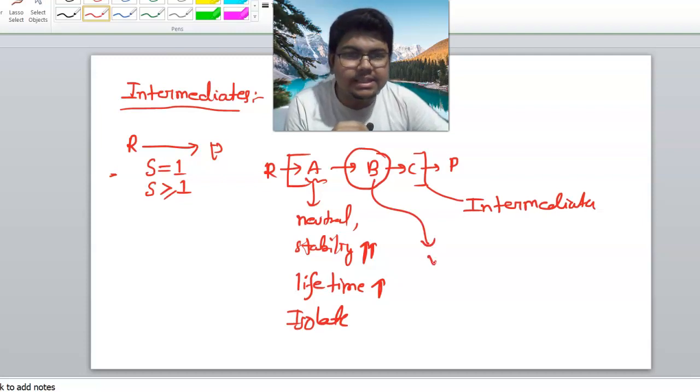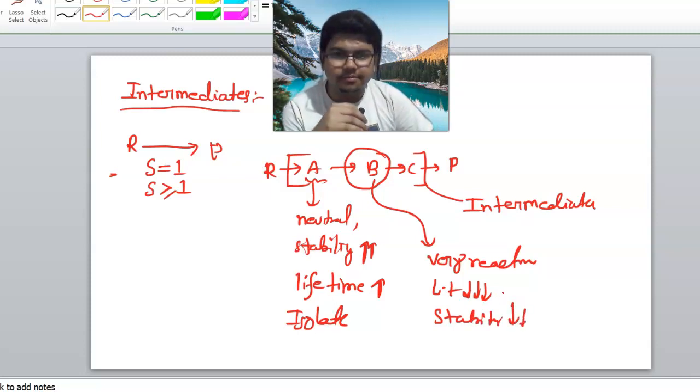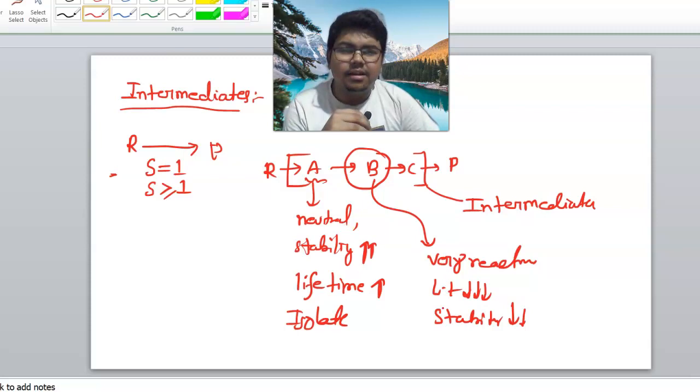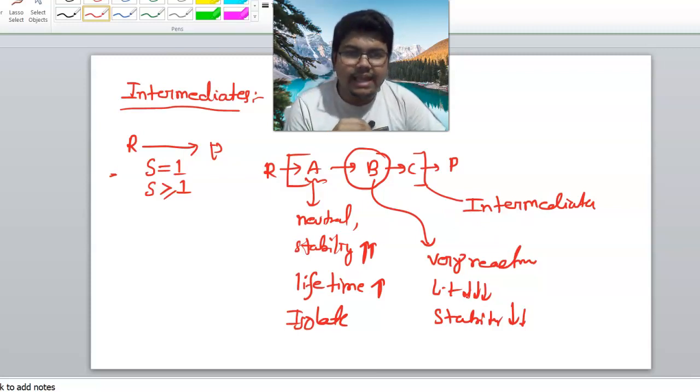Suppose B is very reactive. Its lifetime is very low, and its stability is very less compared to neutral molecules. This is mostly not neutral, but there are neutral reactive intermediates also. So mainly its lifetime is very less and it is very reactive. Then B will be called a reactive intermediate.